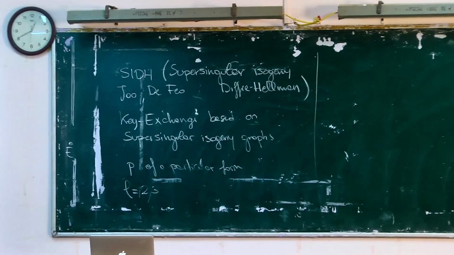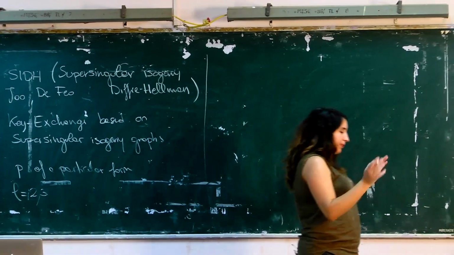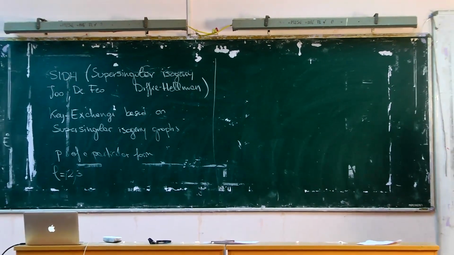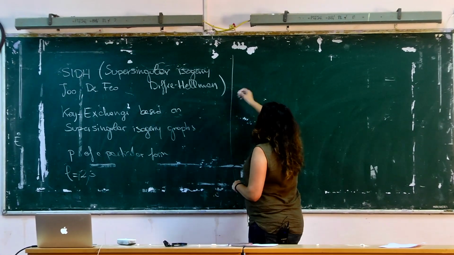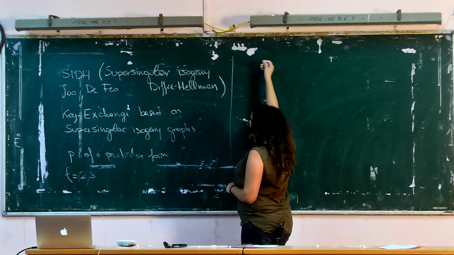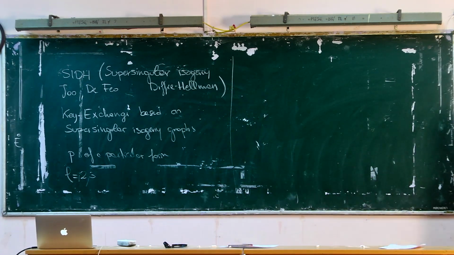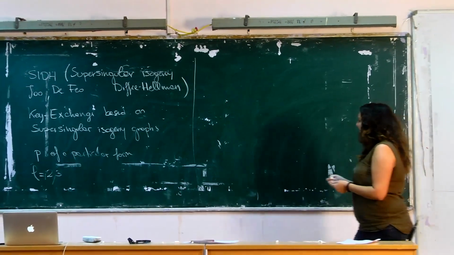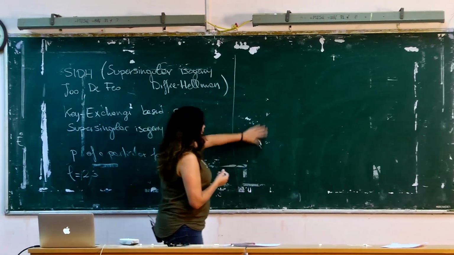Because we are going to work both in the supersingular 2-isogeny graph and the supersingular 3-isogeny graph, okay? Remember, in a Diffie-Hellman key exchange, we basically have Alice and Bob who want to find a common secret, okay? So I would need some colors here, but let's try to understand without colors.